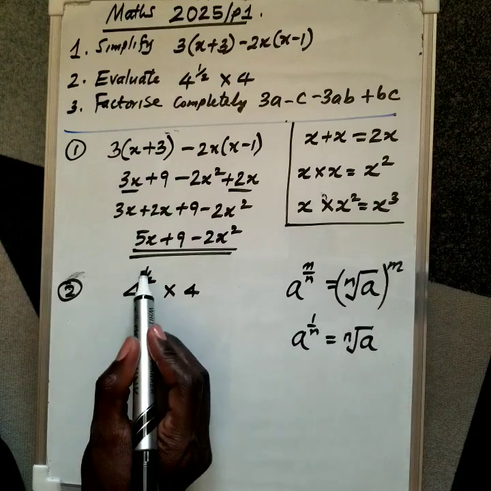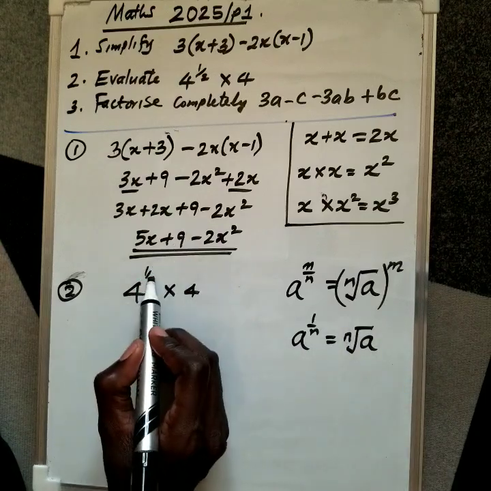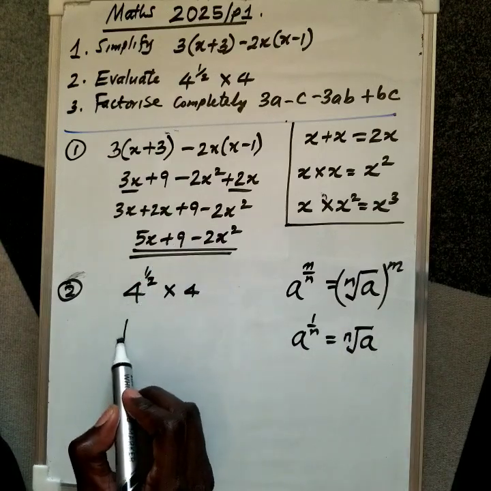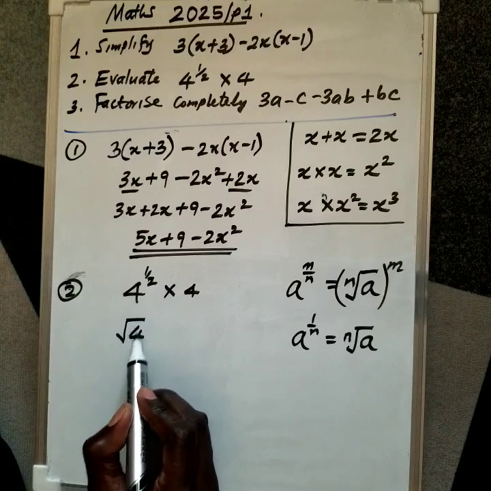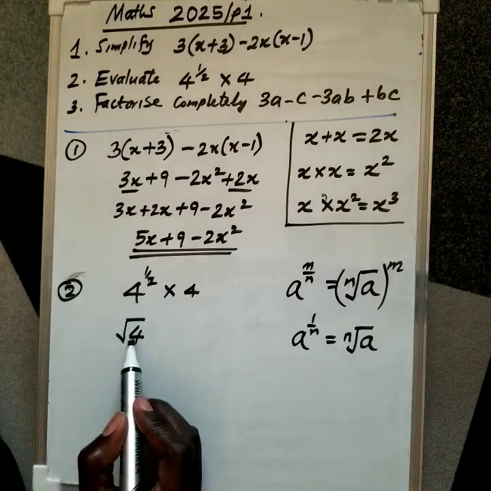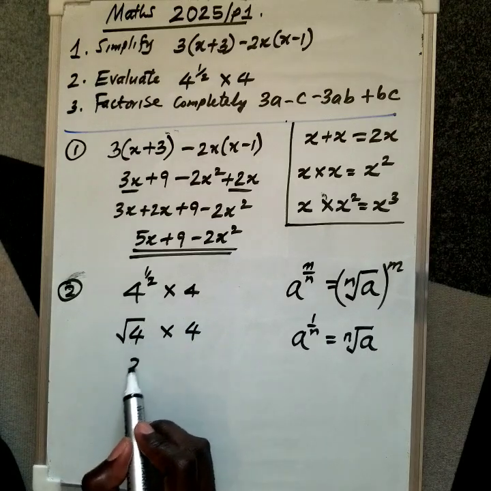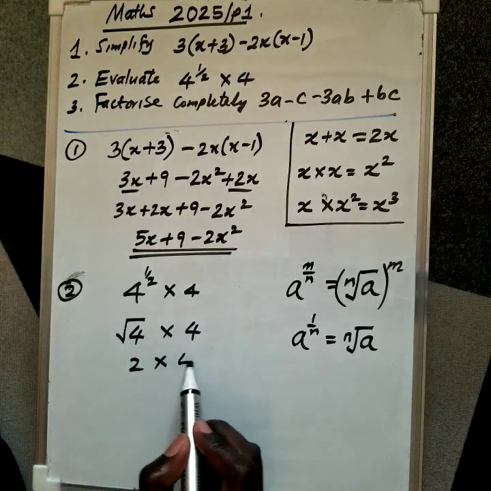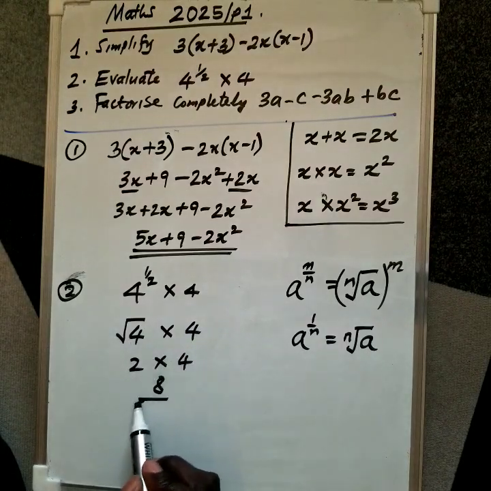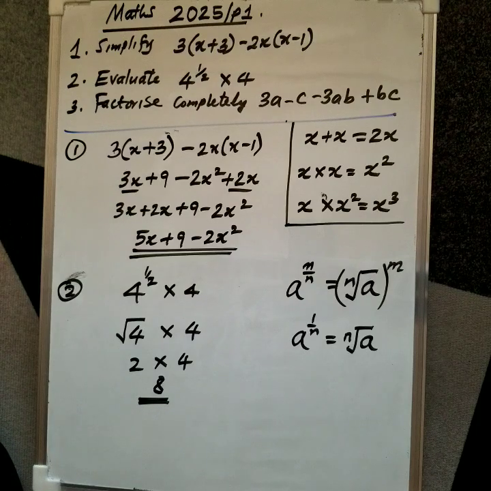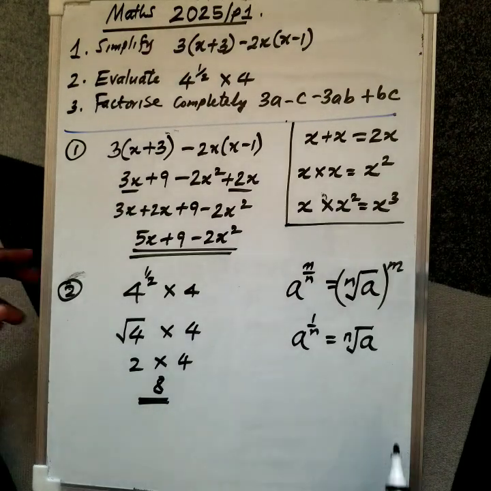Because there's a 1 on top and a 2 at the bottom, and a 2 is normally a square root, so we don't write the 2, just the square root of 4 multiplied by 4. What's the square root of 4? It's 2, multiplied by 4, which gives you 8. So 8 is the answer they wanted you to get there.